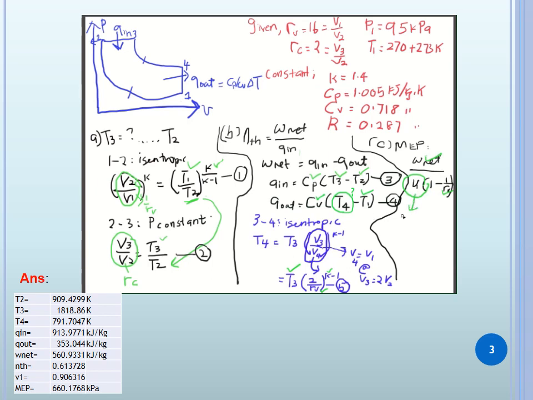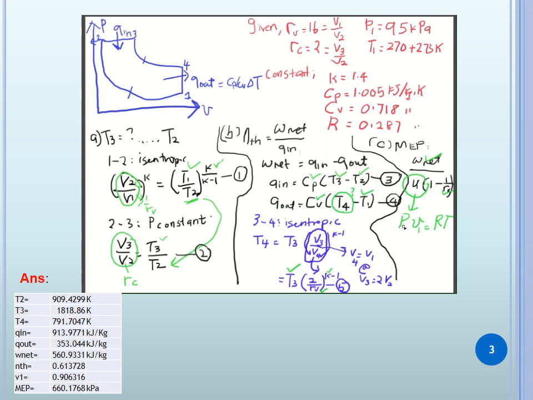So as usual, V1 comes from the ideal gas formula, PV equals MRT, and then we will get V1, the specific volume.